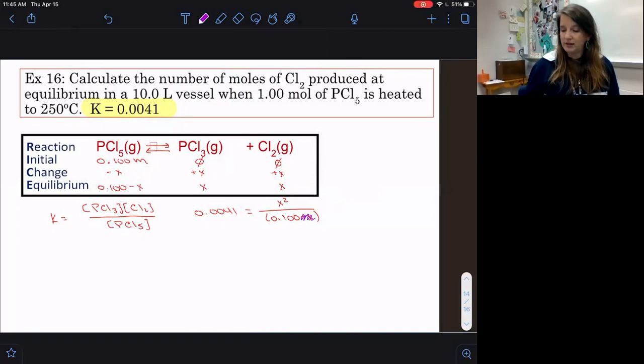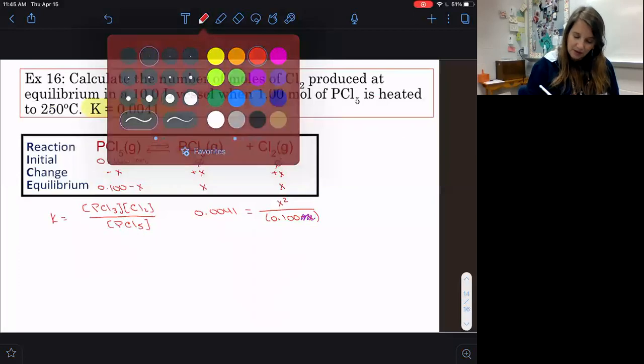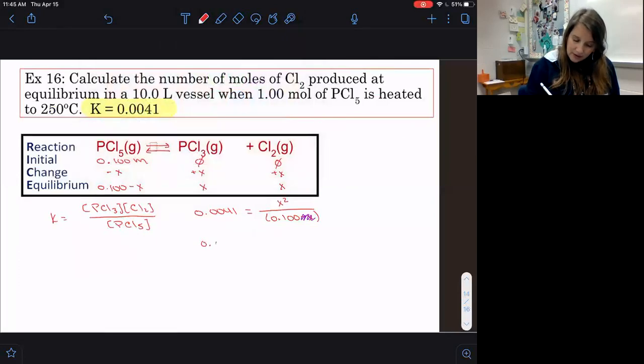So we're going to go ahead and multiply both sides by the denominator. So we would get 0.00041 when we multiply by 0.1 is equal to x squared. So we want to take the square root of that, and we would get 0.0202.